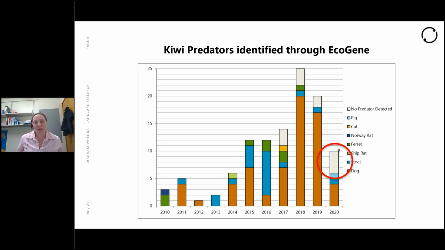So what we're talking about here is forensic DNA sampling. And just like human forensics, we're dealing with very, very small amounts of DNA and often very highly degraded DNA. It can sometimes be days, weeks before we actually get a sample, a dead kiwi, to do this DNA analysis on, by which time we're dealing with very highly degraded DNA.